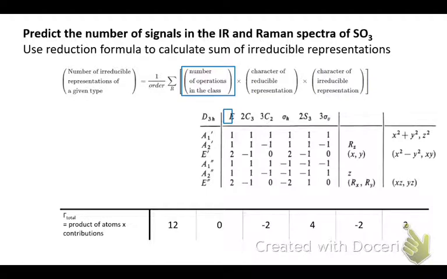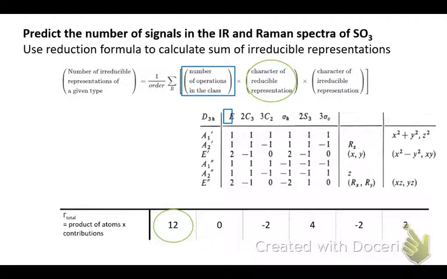And then we have this sum, where for each of the operations, the number of operations in that class, which is given in this blue box, is the coefficient in front of each of the operations. Next is the character of the reducible representation.